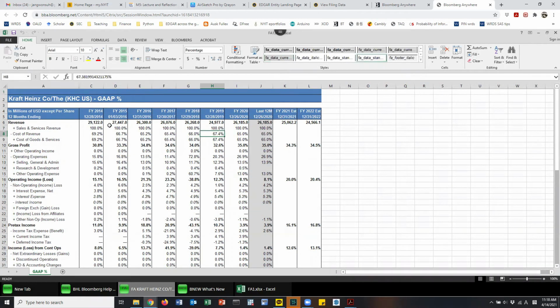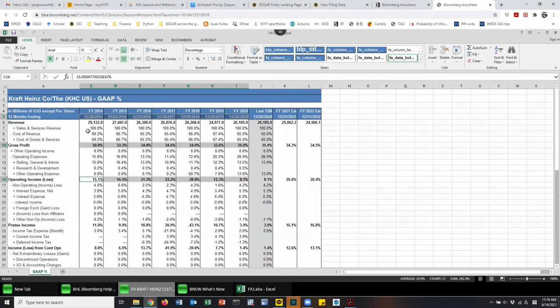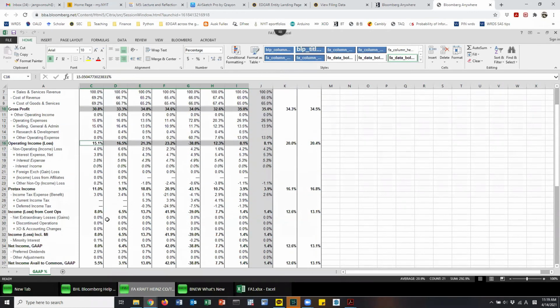Okay, then why don't you draw a graph of the different level measures of profitability? If you have too many line charts in one graph, then it can be hard to understand. So let's have a look at only gross profit, operating income, and finally net income.